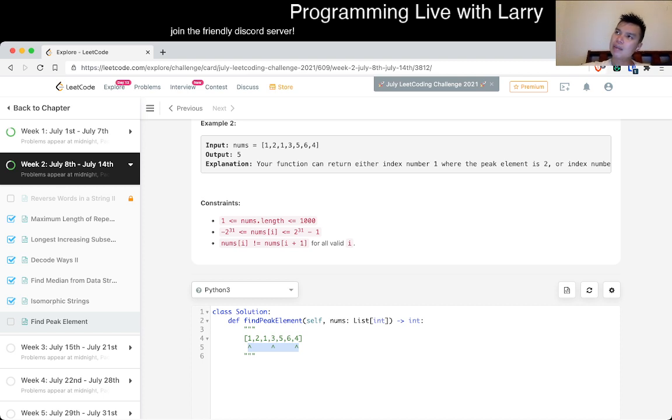Because as long as you have some way to remove half of the array every time, and you're guaranteed that in the half that you keep there is a peak somehow, that should be good enough.